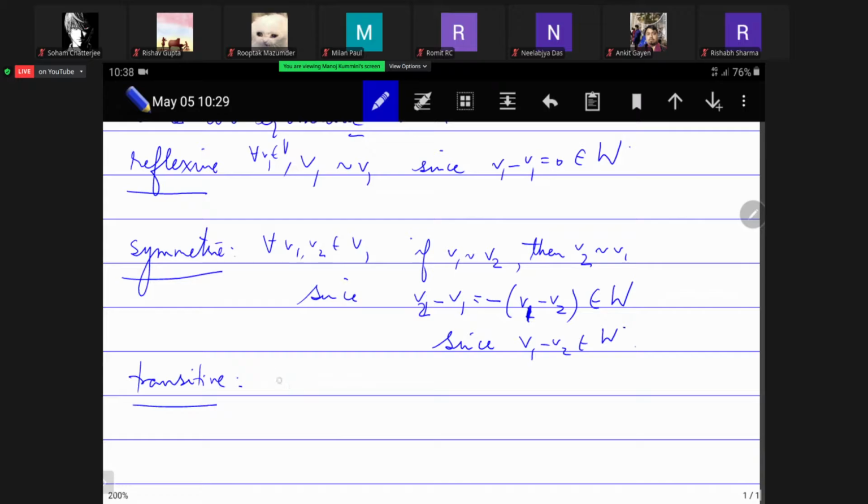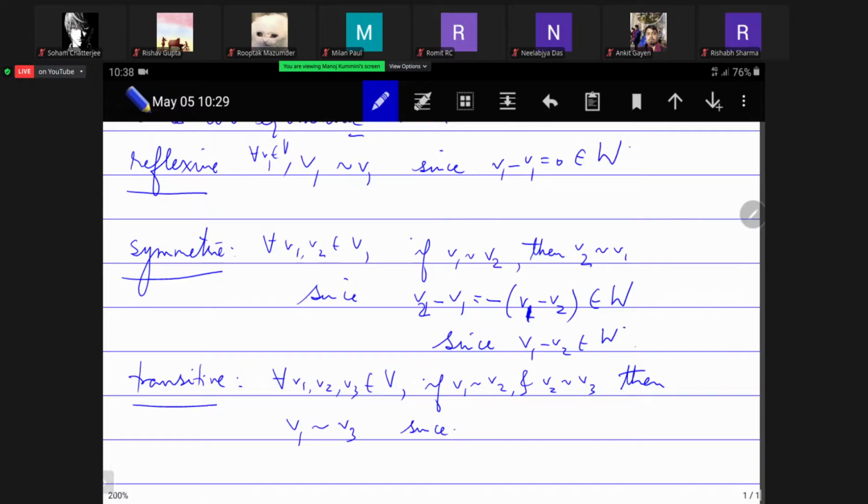And transitive. For all V1, V2, V3 inside V, if V1 is related to V2 and V2 is related to V3, then V1 is related to V3.